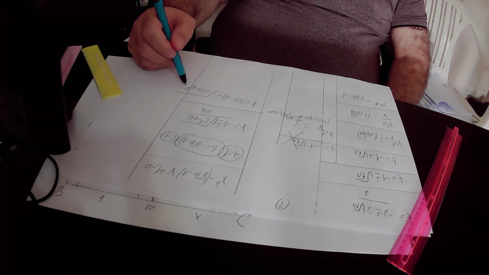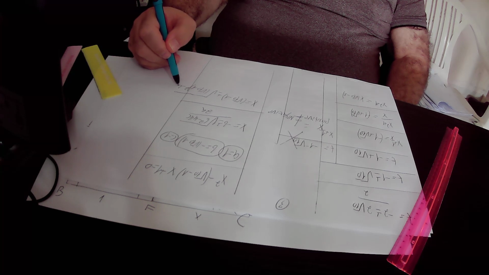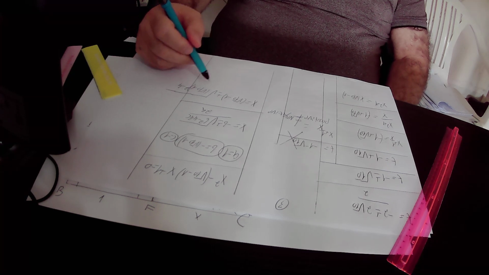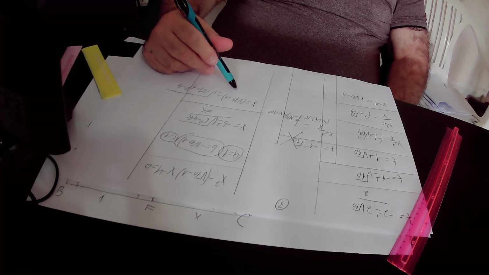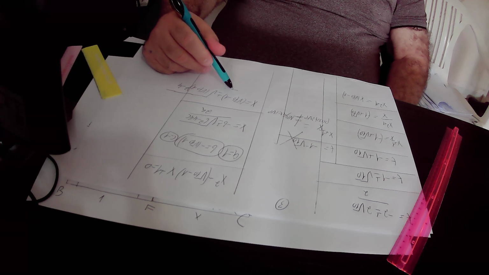A and c are 1, so minus 4 times a times c will be minus 4, over 2a. A is 1, so 2a is 2 times 1, which is 2.